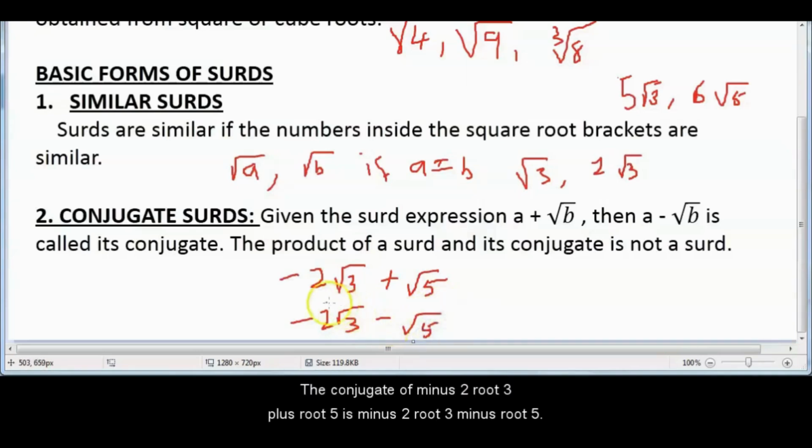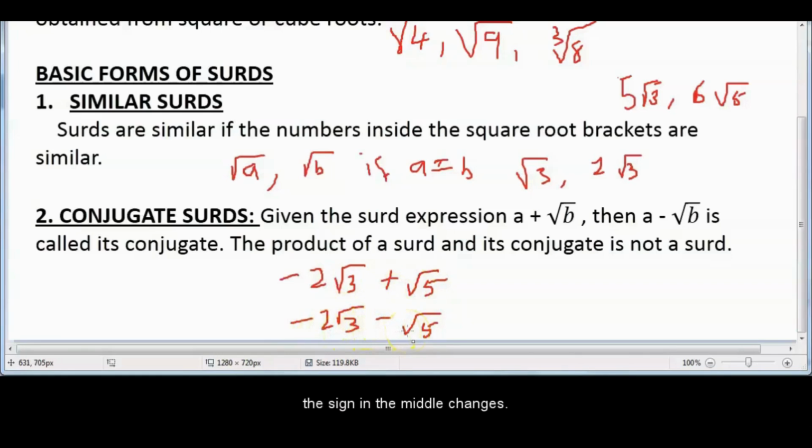The conjugate of minus 2 root 3 plus root 5 is minus 2 root 3 minus root 5. The sign in the middle changes. Plus becomes minus.